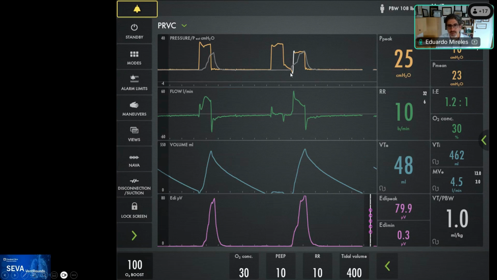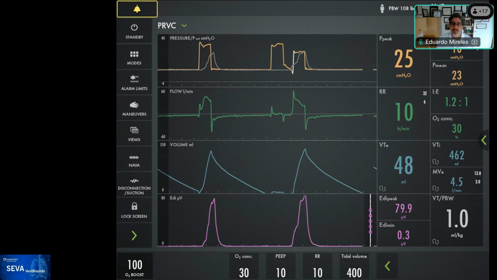And you can see that this was a patient triggered breath because it changed to white. So really a different rate. This double trigger is because of that.